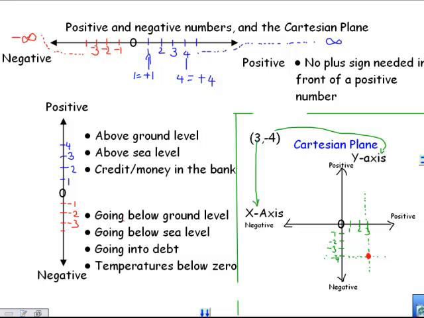So let's just quickly do another one. Let's just depict the coordinate pair -2, 4.